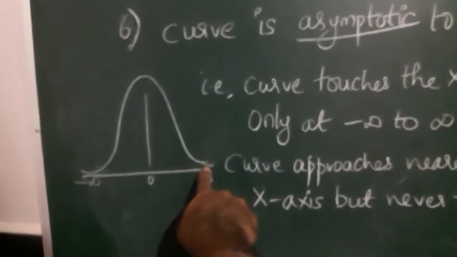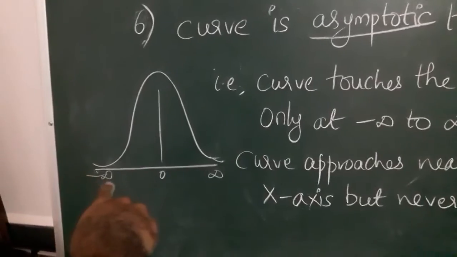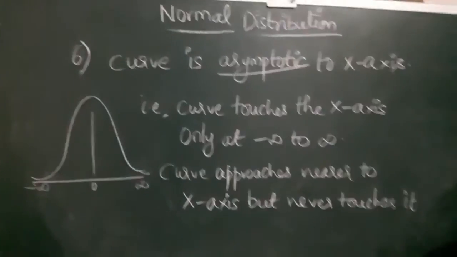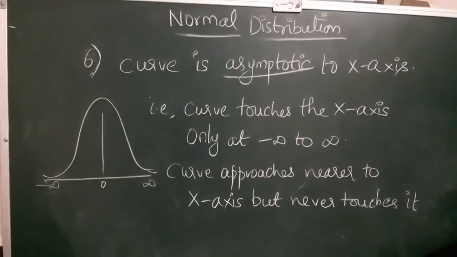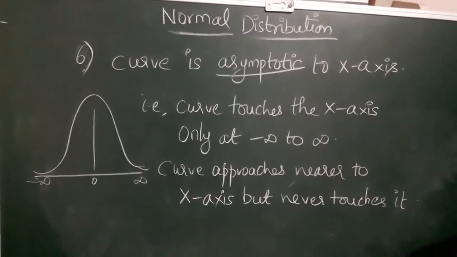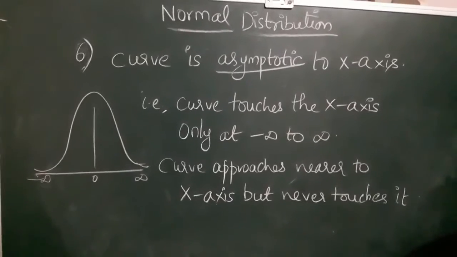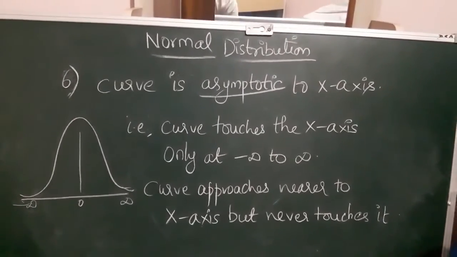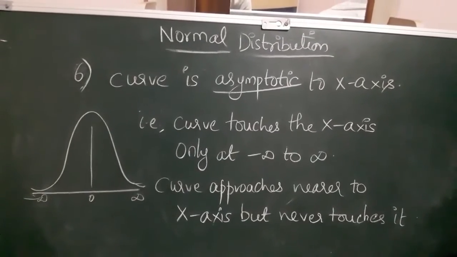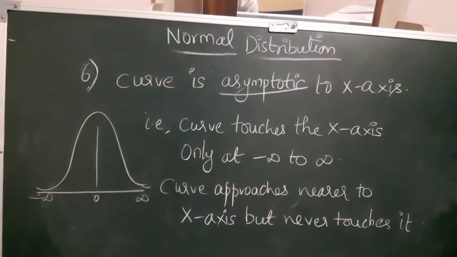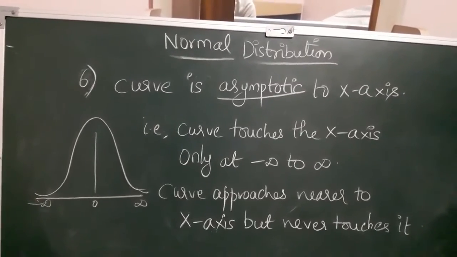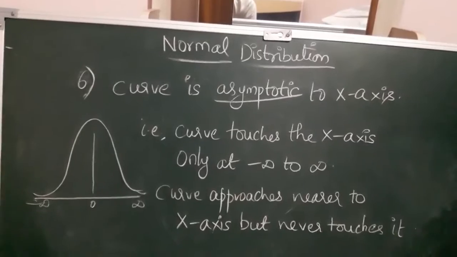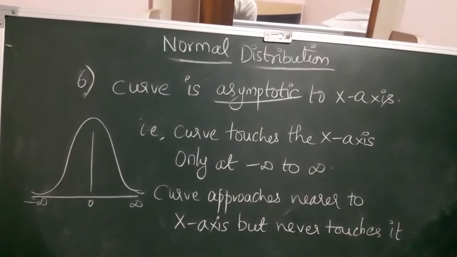Here there is a slight gap, and there also there is a slight gap. It looks like touching the x-axis line, but it never touches it. That's why this curve is asymptotic to the x-axis. Clear? Only at minus to plus infinity the curvature is almost closing to the x-axis, but it never touches it. That's why we call the curve asymptotic to the x-axis.